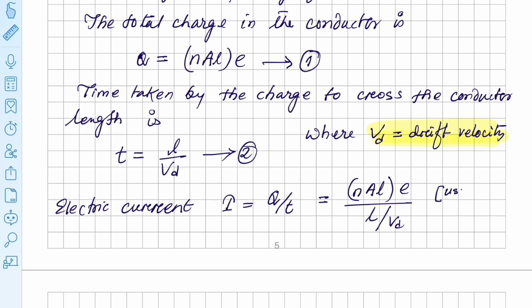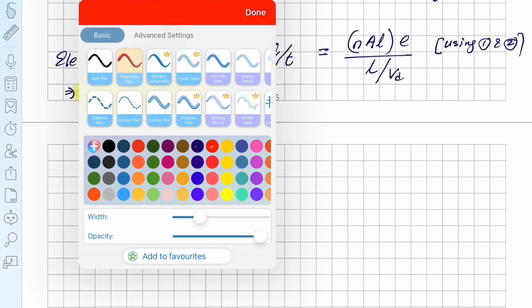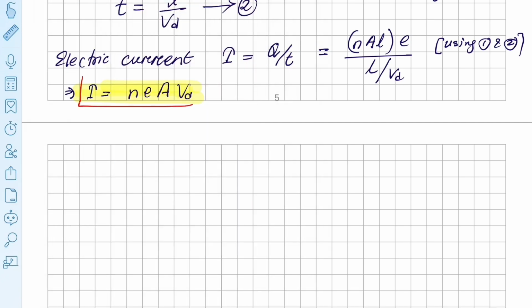Now you see, here we have used equation number 1 and equation number 2. If you simplify this, then this L cancels. So we can write I is equal to n e A Vd.